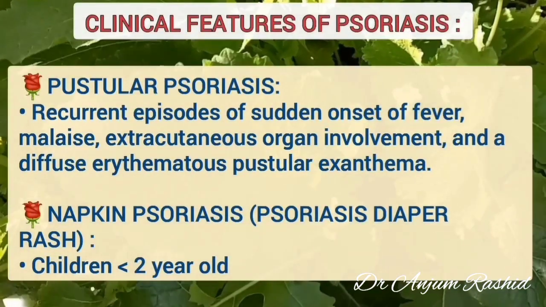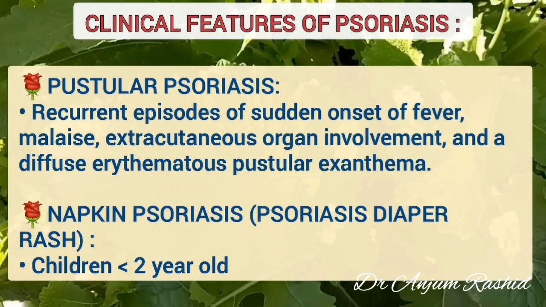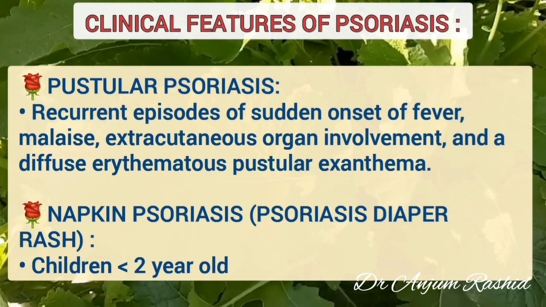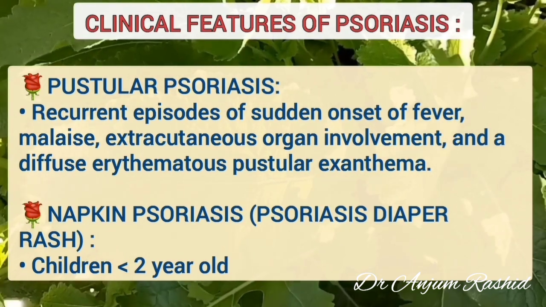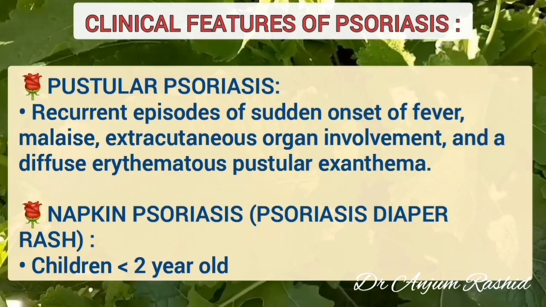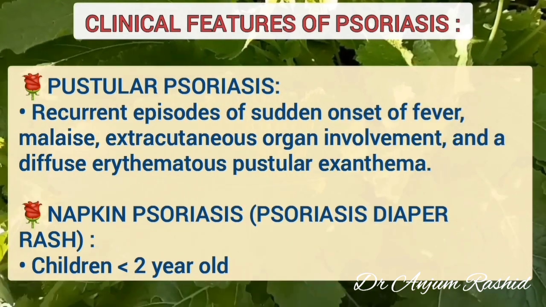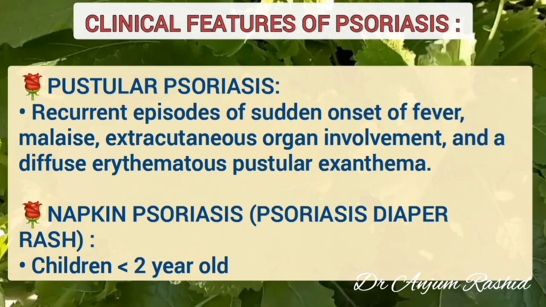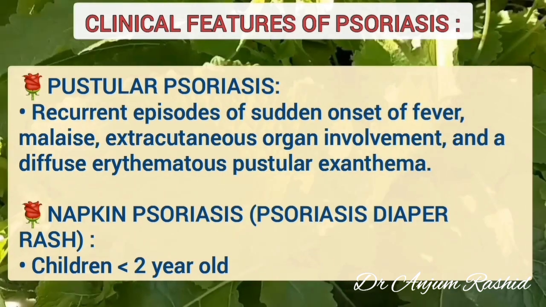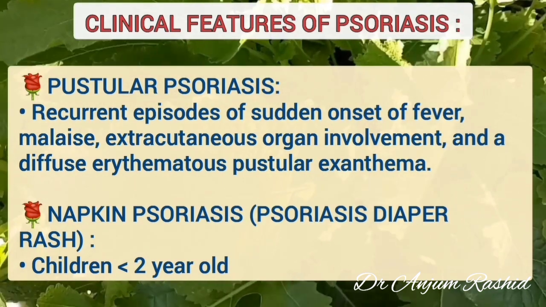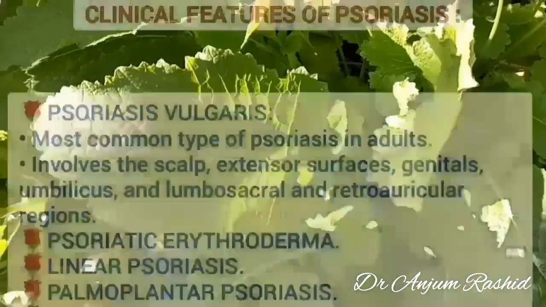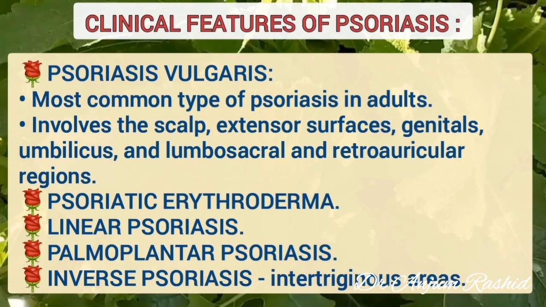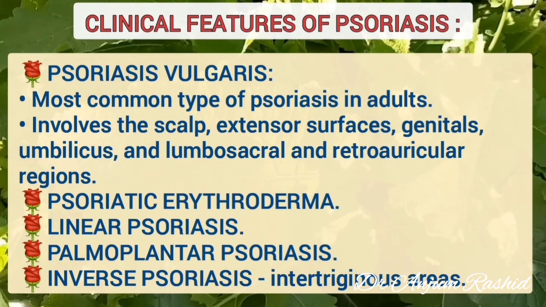Next is the pustular psoriasis. In this, there are recurrent episodes of sudden onset of fever, malaise, extracutaneous organ involvement, and a diffuse erythematous pustular exanthem. Napkin psoriasis, which is also known as psoriasis diaper rash, occurs predominantly in children less than 2 years old. Psoriasis vulgaris is the most common type of psoriasis in adults.